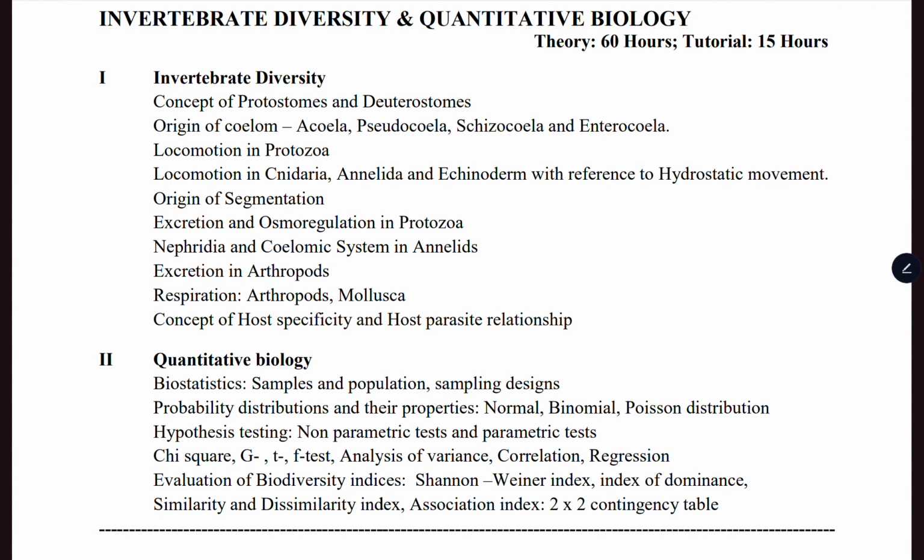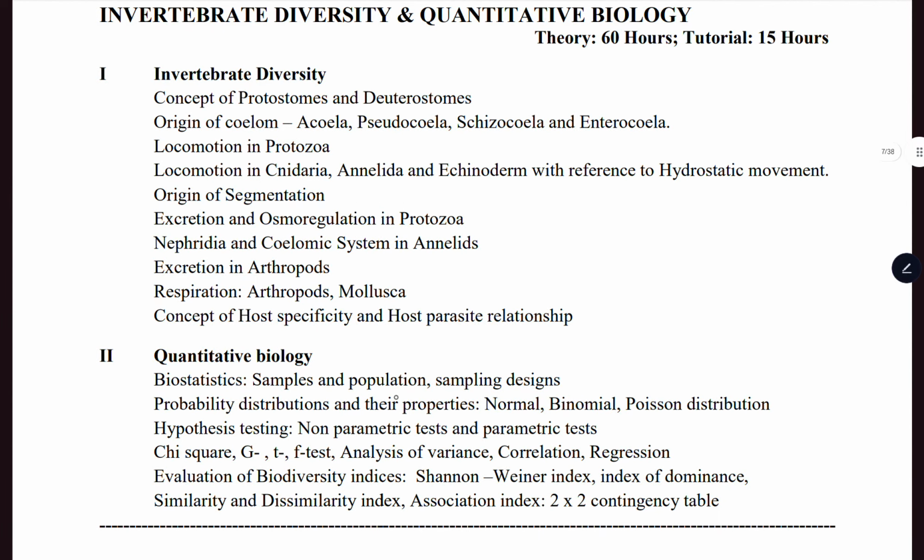In Unit 2, we have quantitative biology, means biostatistics. In biostatistics, we have to study samples and population, sampling designs, probability distribution and their properties, and normal probability, binomial probability, Poisson distribution, all these 3 types of distribution we have to study.